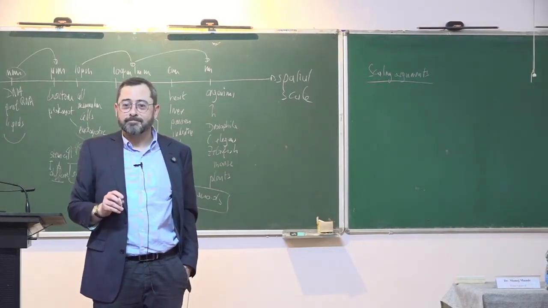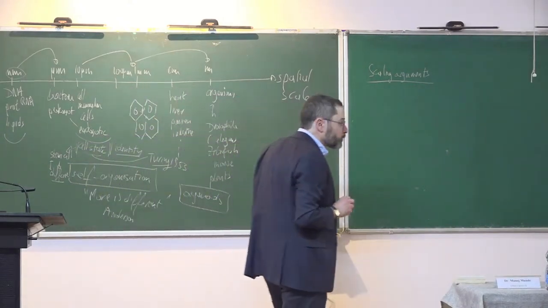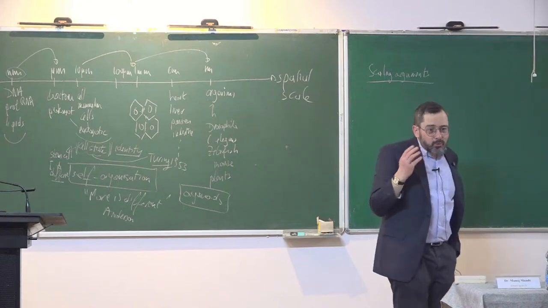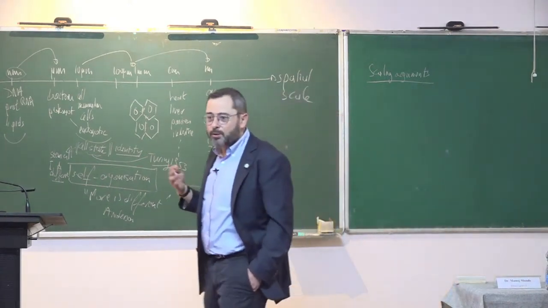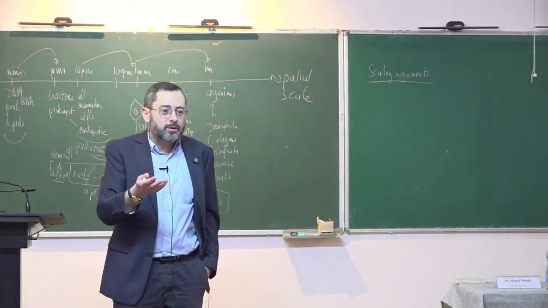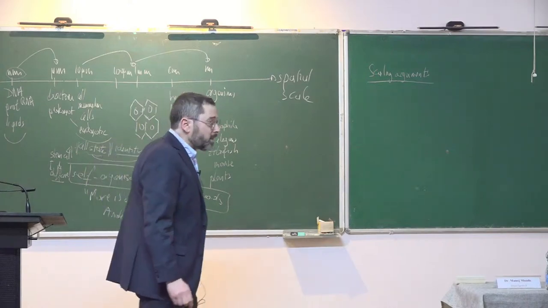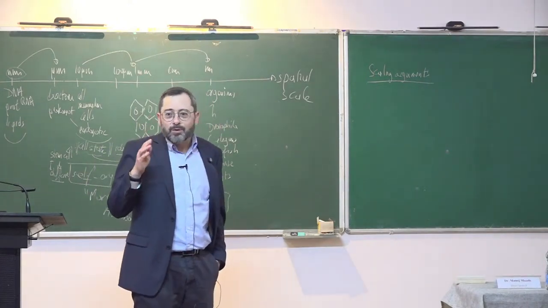Yes? No? Scaling arguments. In scaling arguments, you consider objects, and you don't want to have to write the equation. You don't want to go into the detail of what's going on, but you want to get the right phenomena of what's going to happen. So in a scaling argument, you just think about parameters and you try to think about the right scales.